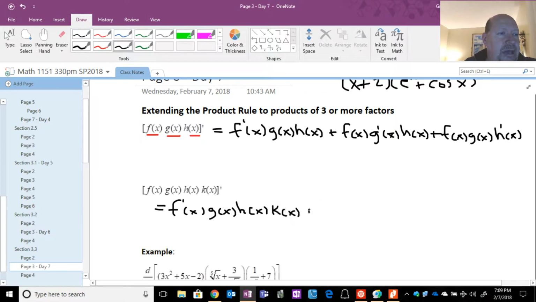And then add on to that f of x times g prime of x, the second one, times h of x and k of x. And then I'll move down to the next line so we can see this. Plus, and now we've primed f, g, and now the next one will be h. So h of x, excuse me, erase that.